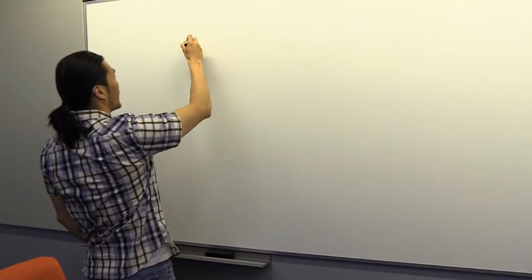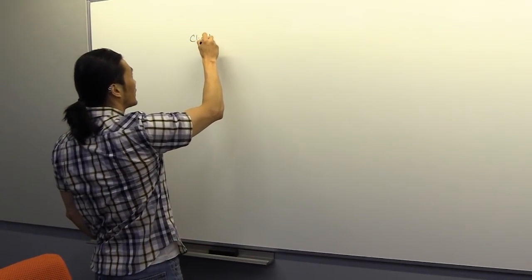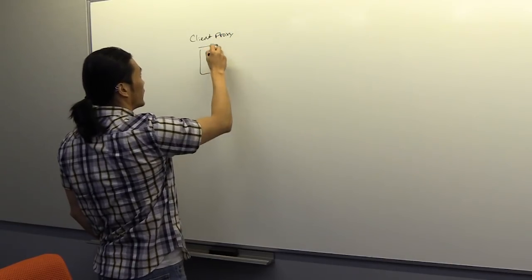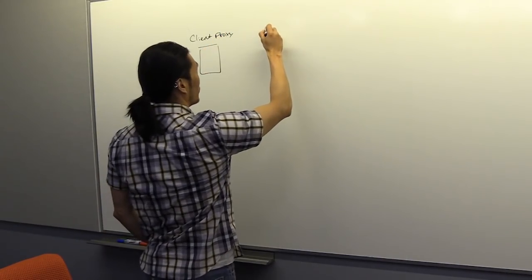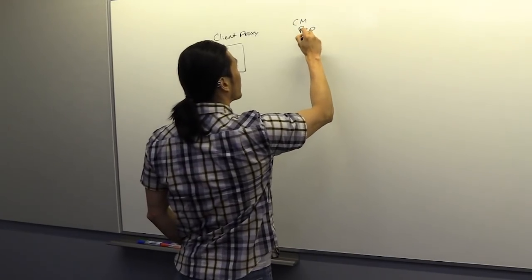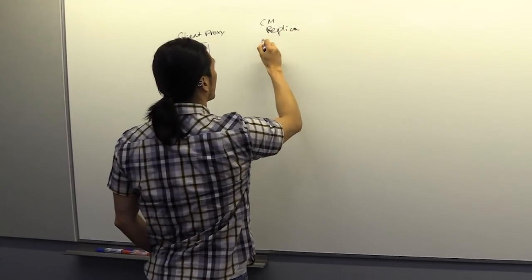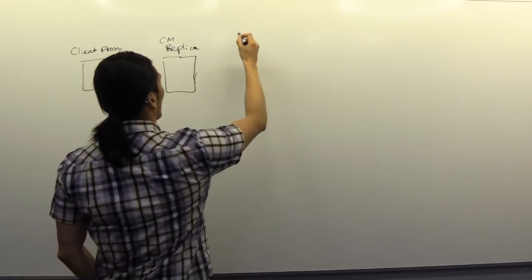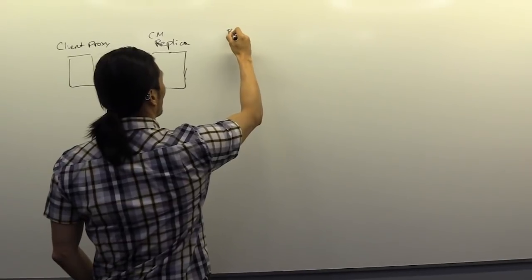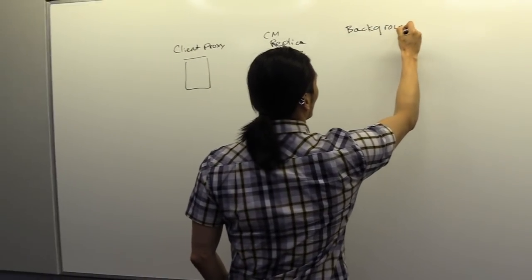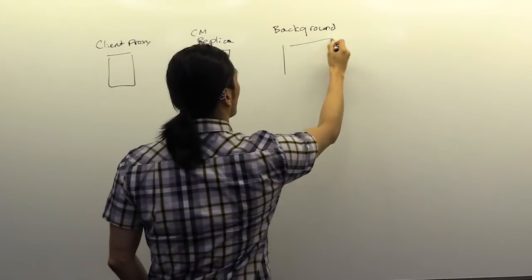There's what I'm going to call the client proxy side. There's the replica itself, so I'm going to call this the CM replica. And then there's something I'll call the background state machine.